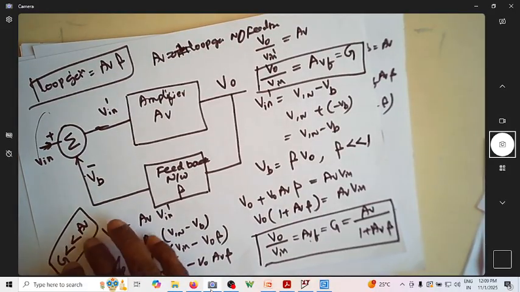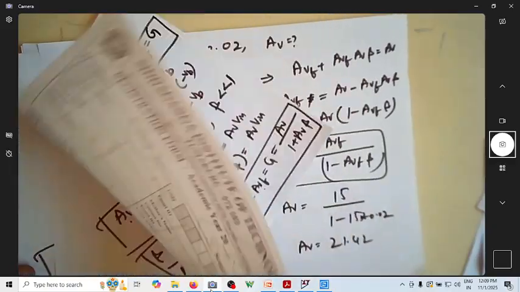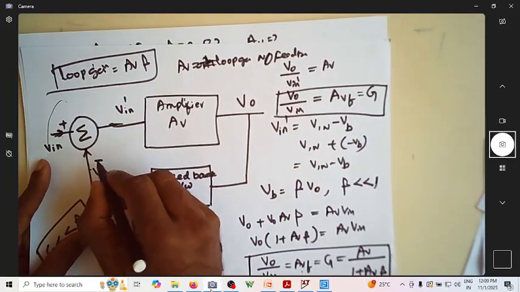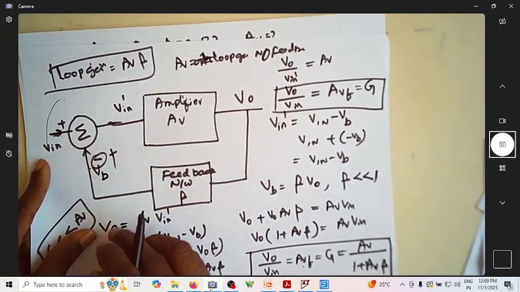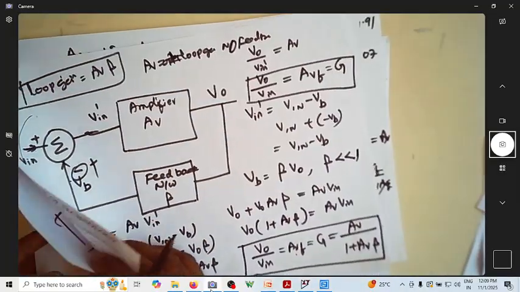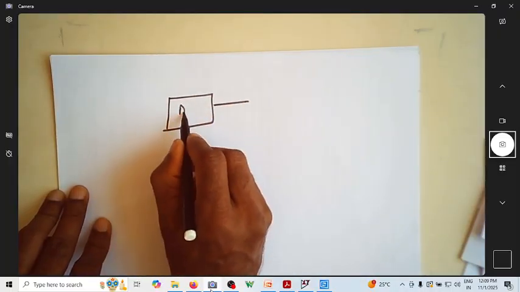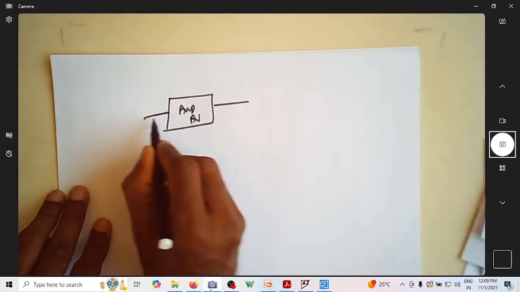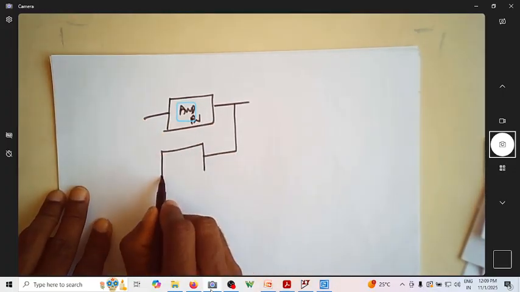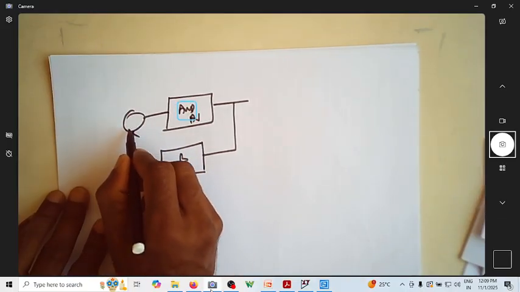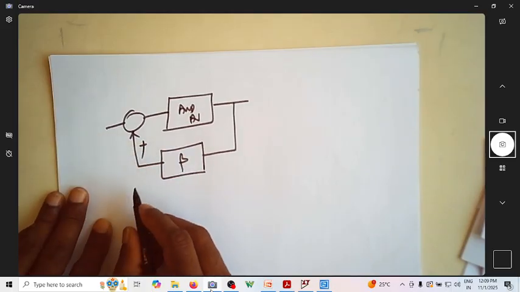Next, we considered negative feedback, but there is a possibility that this can be positive feedback. This is an interesting case where you have an amplifier with gain AV, and a feedback network with beta, applied back to the input voltage with positive feedback.